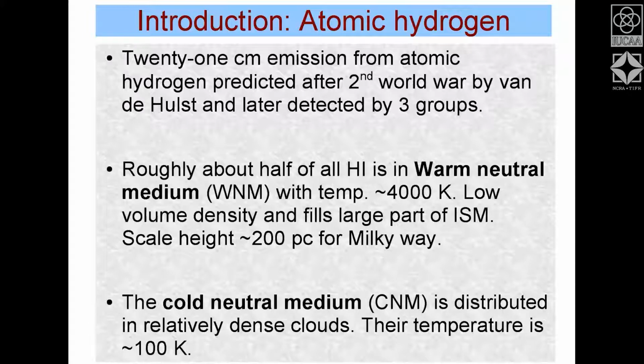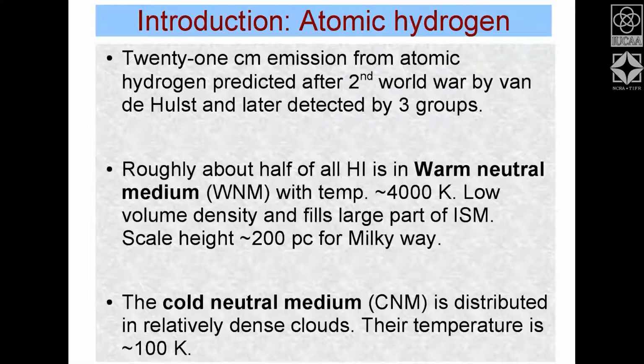And this equilibrium means they should have pressure equality in this case, because if the pressure is not equal, one component which has higher pressure is going to expand, and forces the other component which has lower pressure to a compact form, where the density increases. So effectively, as you know, the pressure is nkT, where n is the density, k is the Boltzmann constant, and T is the temperature. So if the pressure is constant and T is low, which is for the cold neutral medium, n ought to go up. And similarly, n is much lower when T is higher, which is at 4000 Kelvin.